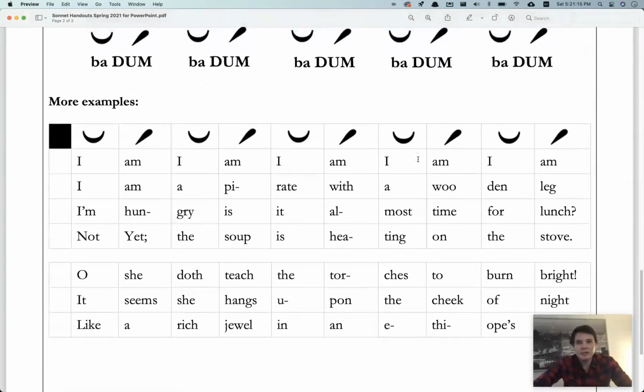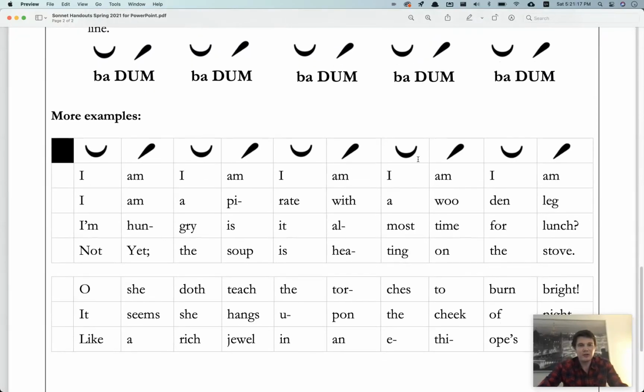I've given you so many examples here. Before we get into those, though, I want you to maybe pause the video for a minute and clap along with these, so you can feel the rhythm. Ba-dum, ba-dum, ba-dum, ba-dum, ba-dum. Alrighty, so some examples here. You can practice with these.